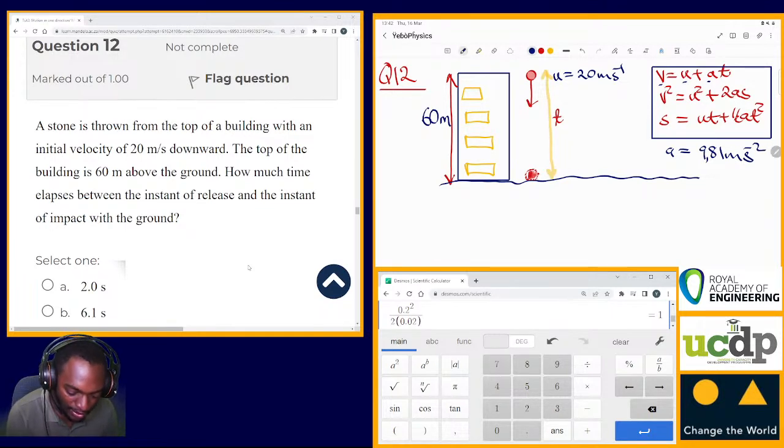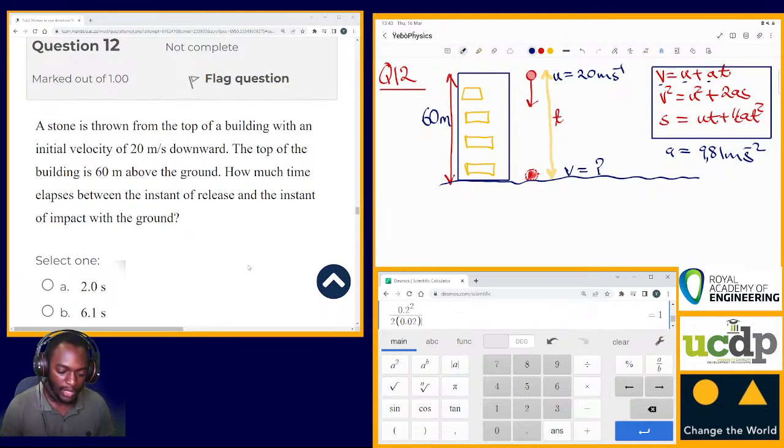One other thing that we are not given is the speed at impact, or just its final speed just before it hits the ground. We need to find that speed so that we can use it to calculate the time between the release and the instant of impact with the ground.